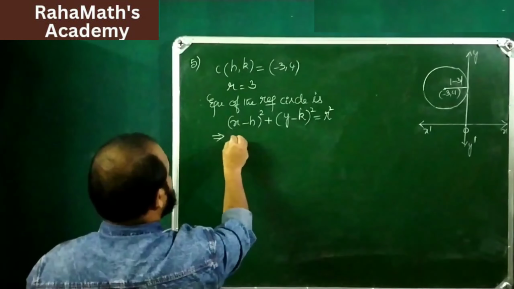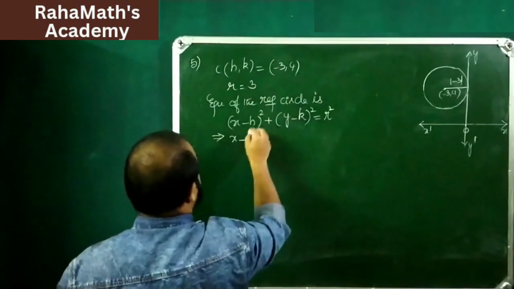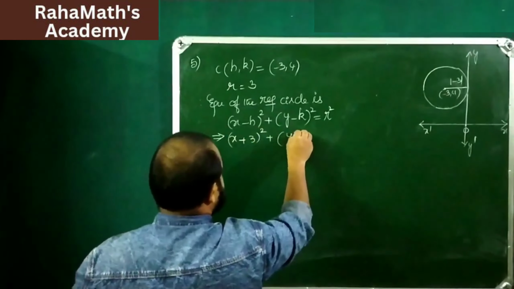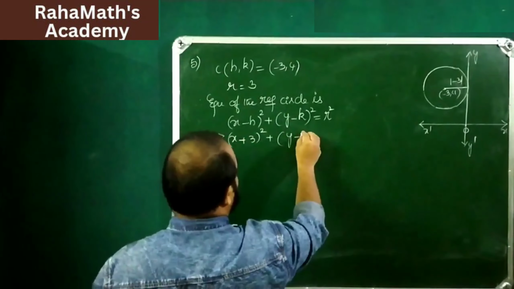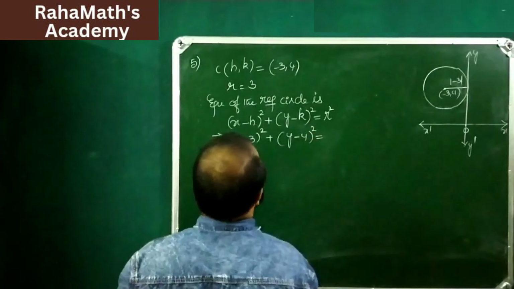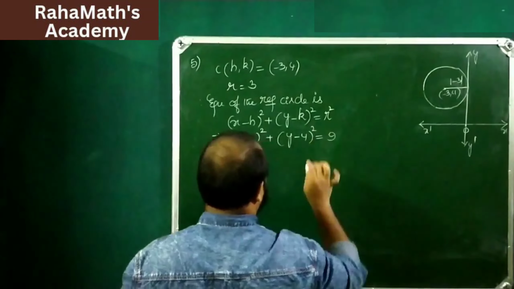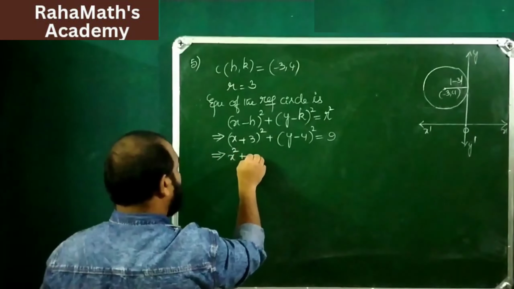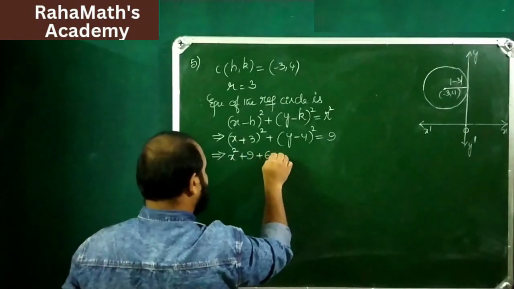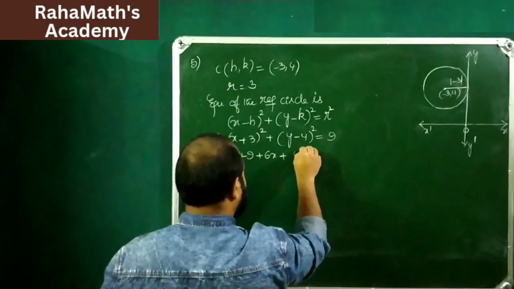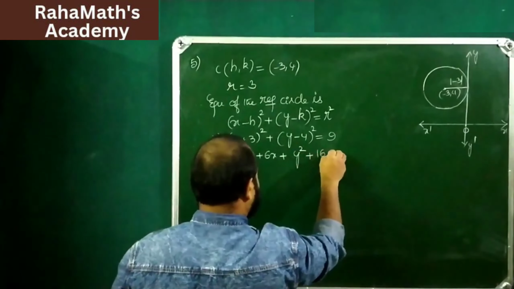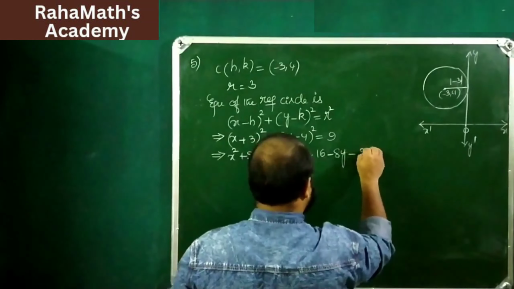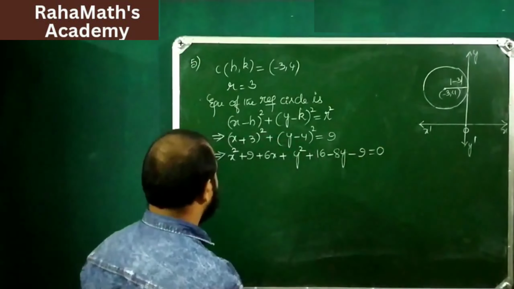That implies (x minus of minus 3, that is x plus 3) whole square plus (y minus 4) whole square equals r square, 3 square 9. Implies x square, 3 square 9, plus 2 3 is 6x, plus y square plus 4 square 16, minus 2 4s are 8y, minus 9 equals 0.